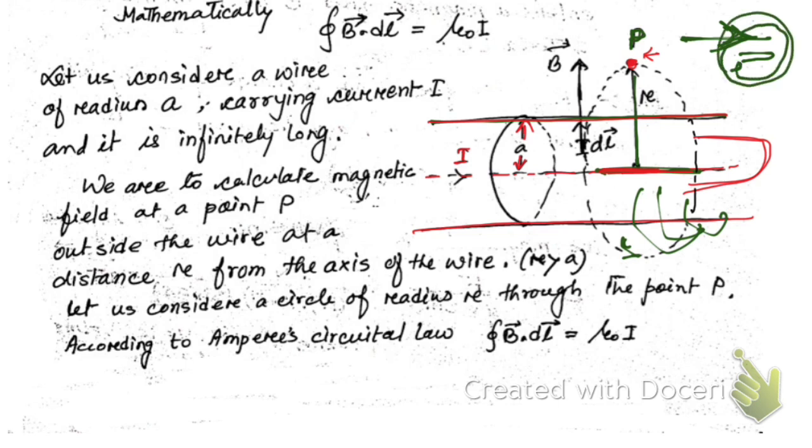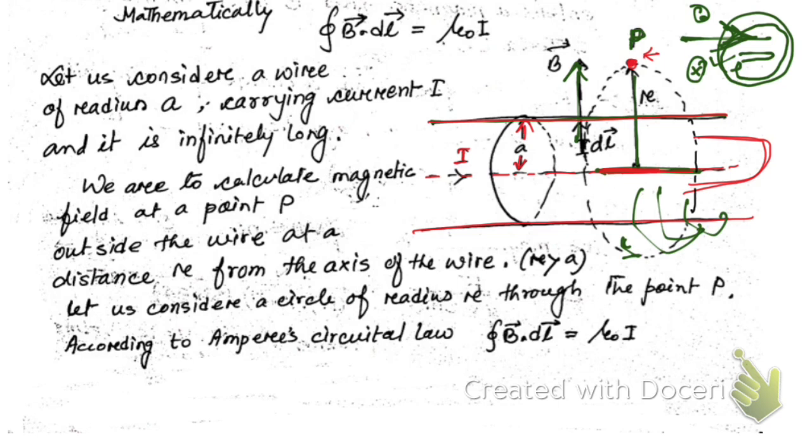So on this side the magnetic field will come out, and on this side the magnetic field will be directed into the page. On the other side, behind this, the direction of the magnetic field will be upward.